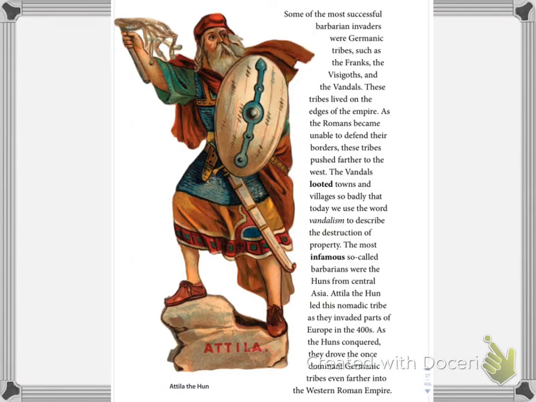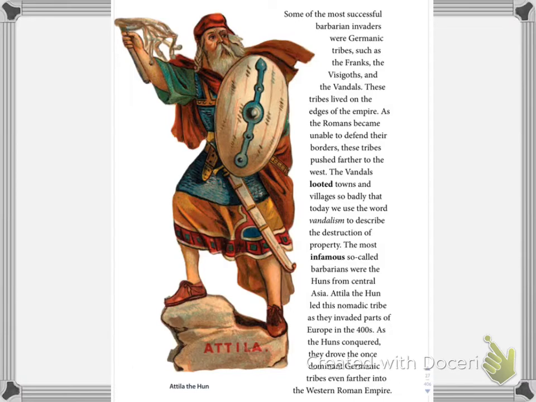All right, page 4. Some of the most successful barbarian invaders were Germanic tribes such as the Franks, the Visigoths, and the Vandals. Friends, the term Germanic tribes, those are groups of people from what is now known as Germany. These tribes lived on the edges of the Roman Empire.